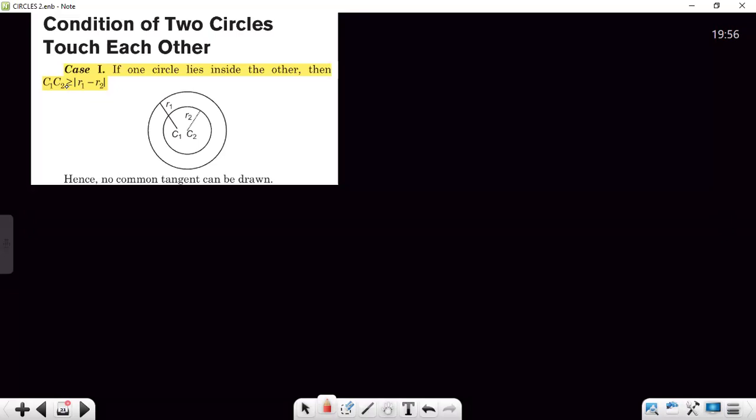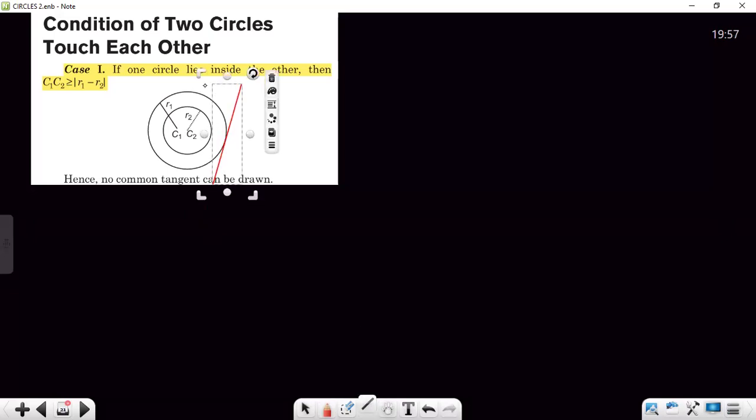So in this first case, we are seeing these two circles are not touching each other. One circle is lying inside another circle. So here the distance between these two centers is definitely going to be greater than or equal to the difference between the radii of these two, and there will be no common tangents. A common tangent means a tangent which is tangent to the outer circle and also tangent to the inner circle.